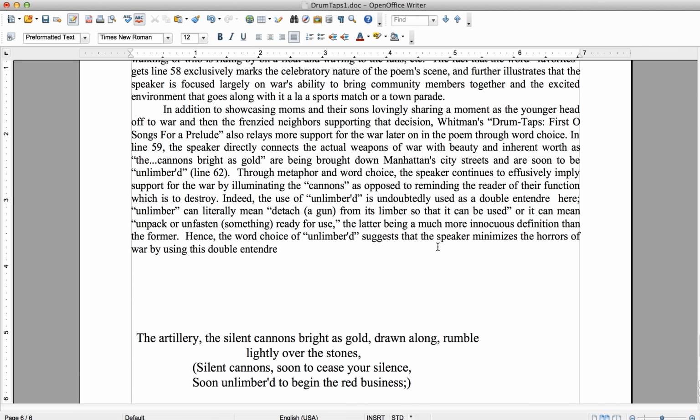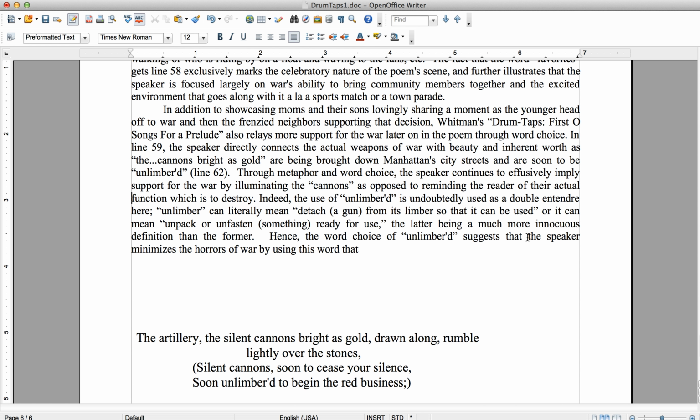Then you might want to add to this argument, like unpack or unfasten something ready for use. It's not only innocuous, but it's also saying that cannons aren't useful unless they're unlimbered, by using this double entendre. So you can say their actual function, which is to destroy.